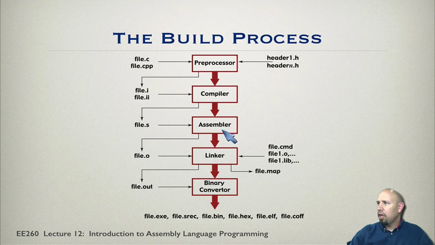The assembler may be used by the linker in order to combine other libraries and things together to create the final executable. And so this is actually the final binary file that comes out. There may be a number of different formats that are used. But the assembler is part along the way. The assembler actually is not machine code. The machine code is very closely tied, however, to the assembler.